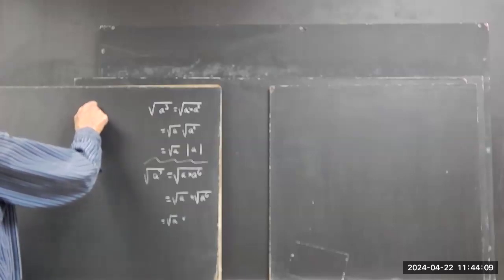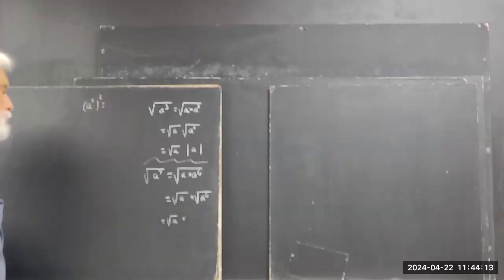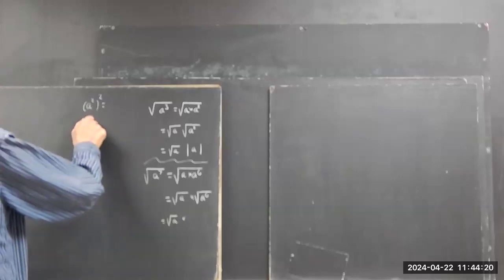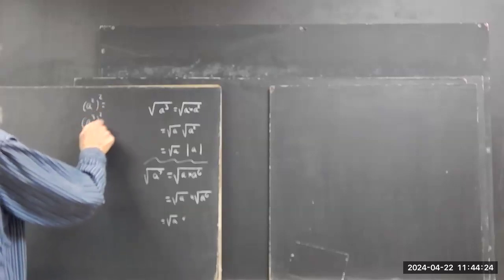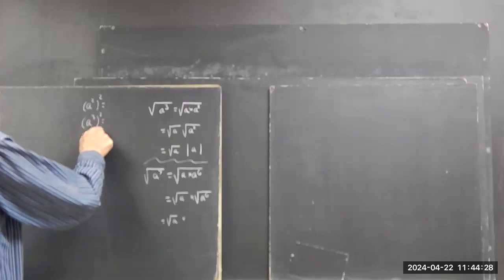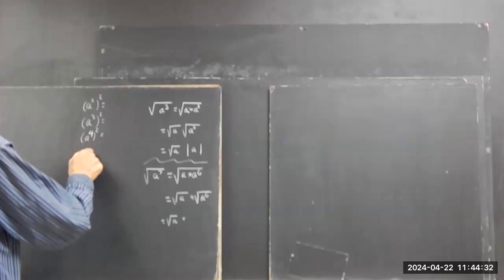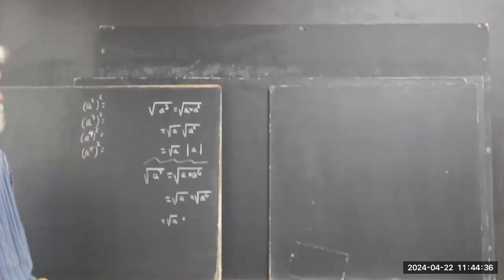Let's say, what do you get if you square a squared? Matter of fact, let's just write several of these down. A squared squared is what? What's a cubed squared? What's a to the fourth squared? What's a to the fifth squared?